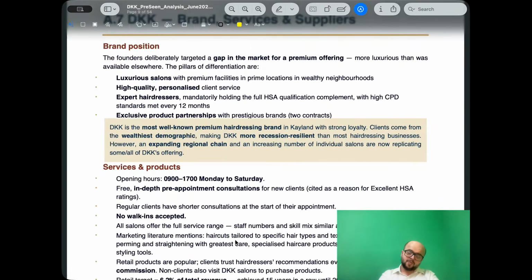Exclusive product partnerships with prestigious brands like Head and Shoulders and L'Oreal, all of which are considered market leaders in that particular segment. So these are the pillars which differentiate this company from the others.